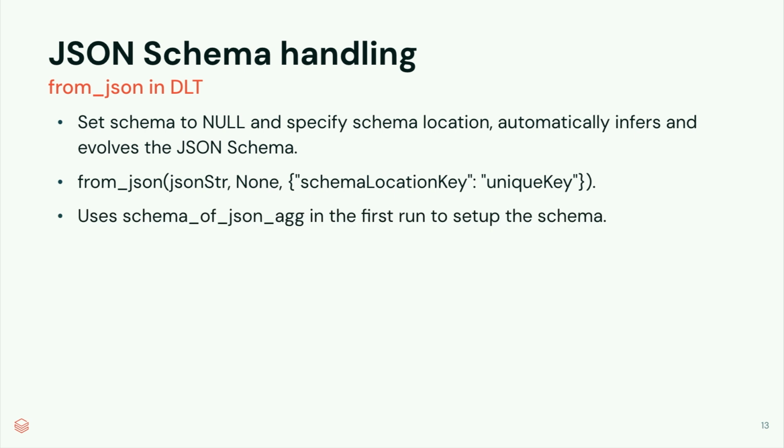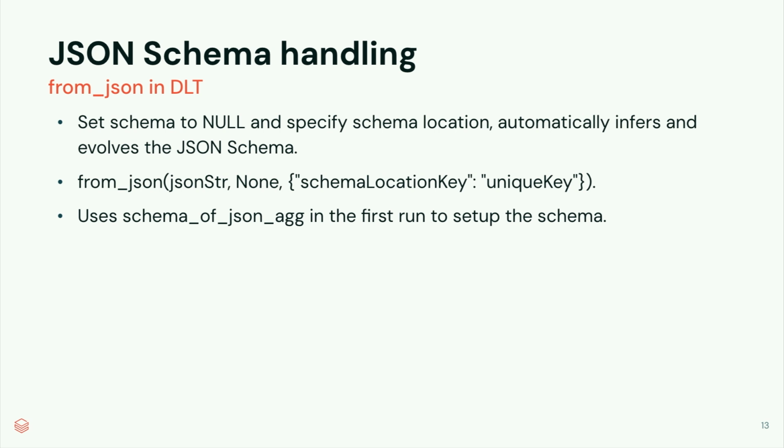Let's see how this is done out of the box for you, right? Let's get into some details. What happens when you run the pipeline with from JSON specifying schema as none is, with the very first run, it's going to see whether there is any schema in the schema location you specified. There is none. So it would do a schema_of_json_agg to get the schema of all the data that it needs to process in that batch.